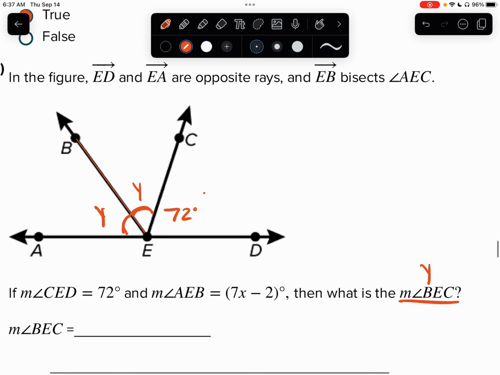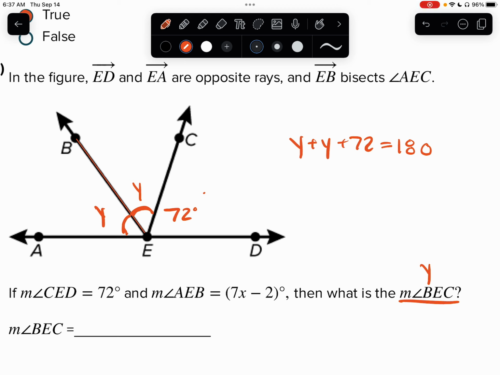So I have y plus y plus 72 equals 180. And even though there was this x in this problem, I never have to solve for x. I can skip that step entirely. Don't overcomplicate it if you don't have to.